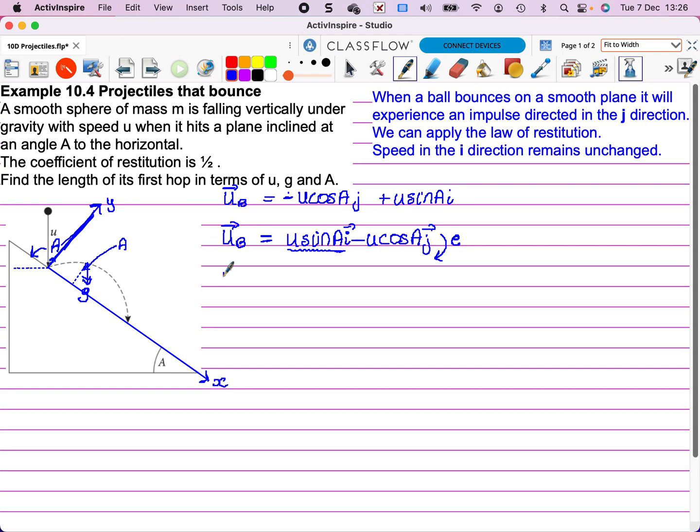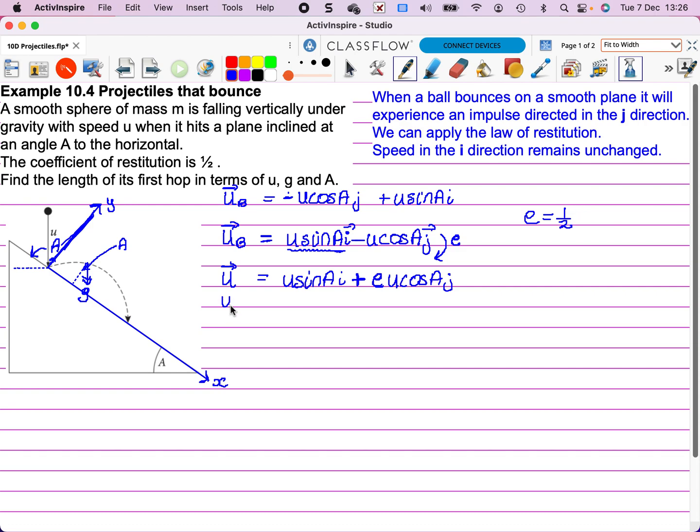So the velocity of the object as it leaves the surface, in the I direction, as we said earlier on, remains unchanged, but it is going to change direction in the J direction because it's bouncing back up again, and we're going to be multiplying it by the coefficient of restitution, which is E. Now, we're told within the question that E is equal to 1/2.